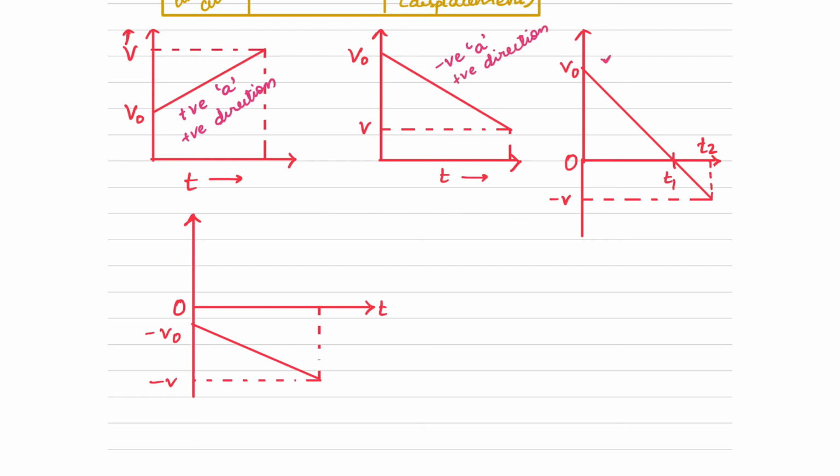It moves in the positive direction till t1, and from t1 to t2 it moves in the opposite direction, and the acceleration is negative. And in the fourth case, it is negative acceleration as well as the movement is in the negative direction.